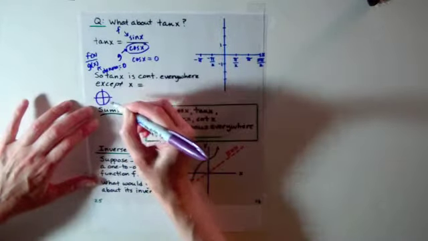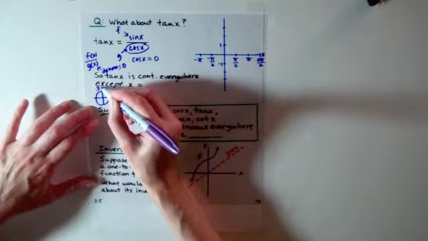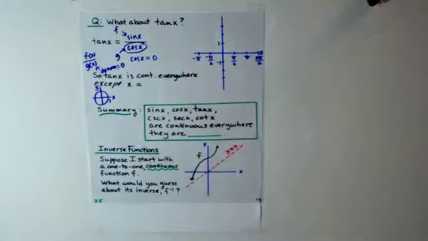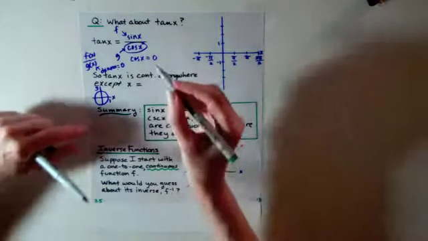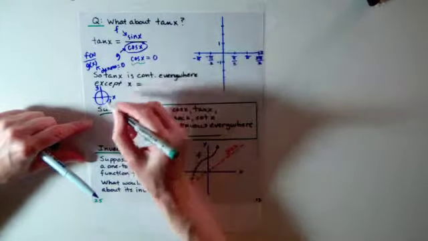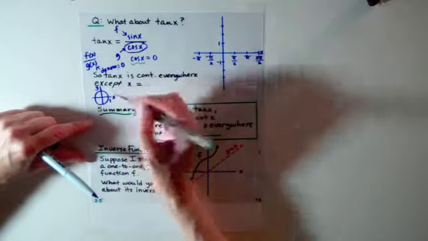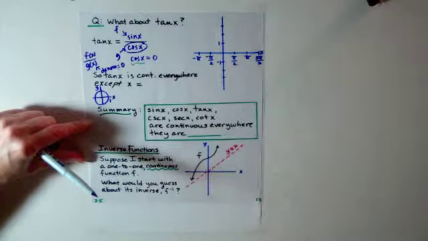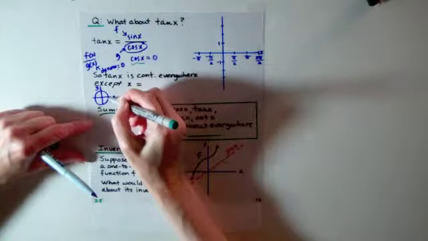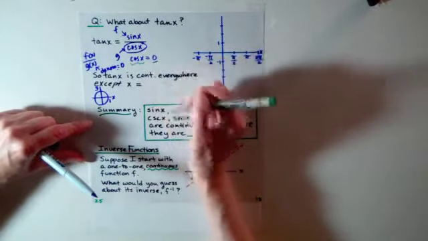Remember, that's a circle of radius 1 centered at the origin. And remember that we said that cosine of x is exactly the same thing as the x-coordinate of any angle that terminates on the unit circle. We're looking for points on the unit circle that would have an x-coordinate of 0.